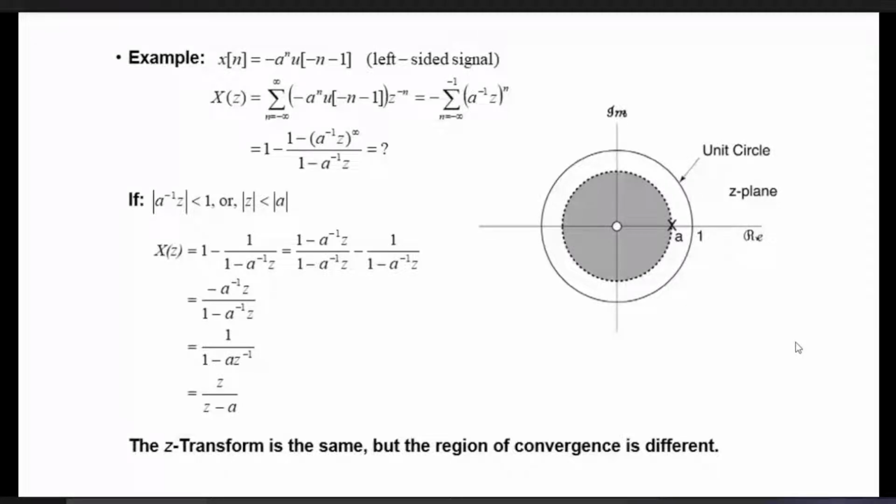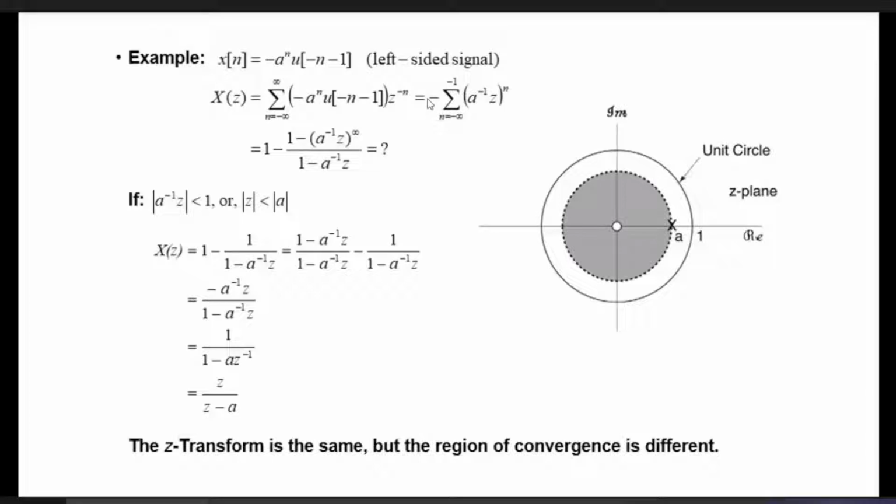Yes, sir. Okay. So another case is the anti-causal sequence. For an anti-causal sequence, what should be the Z transform? You see that X(z) is the summation over n equal to minus infinity to infinity of x[n] z to the power minus n.